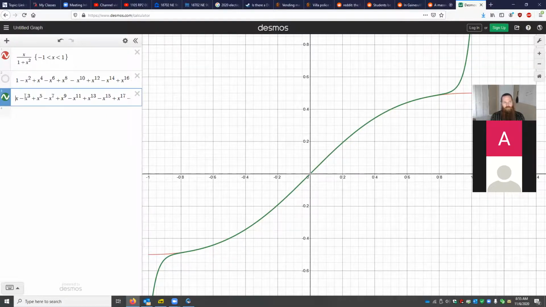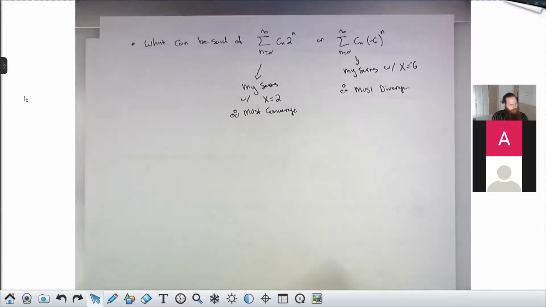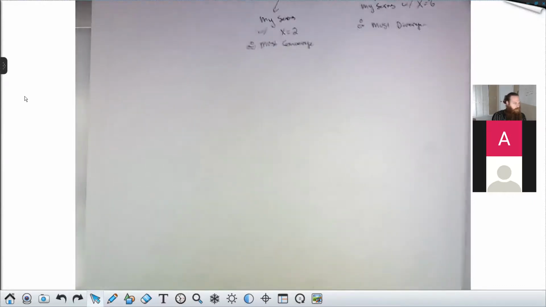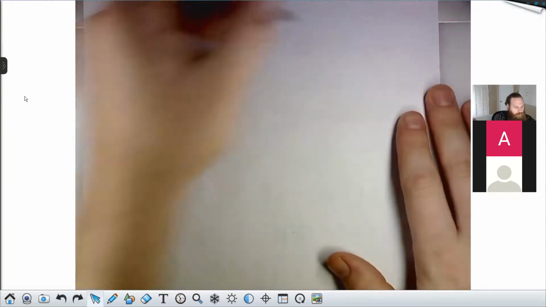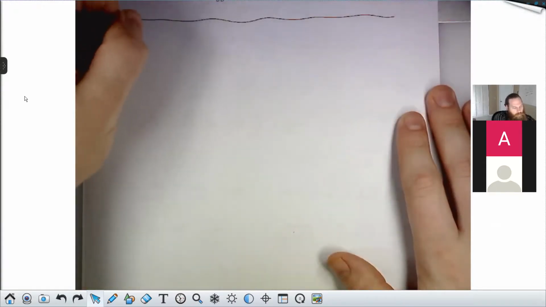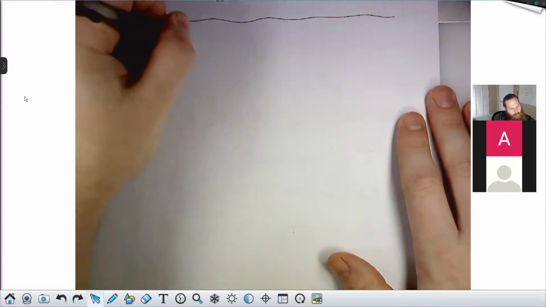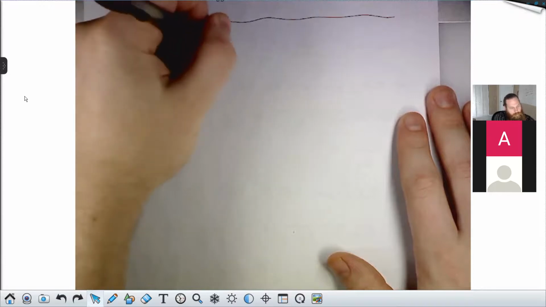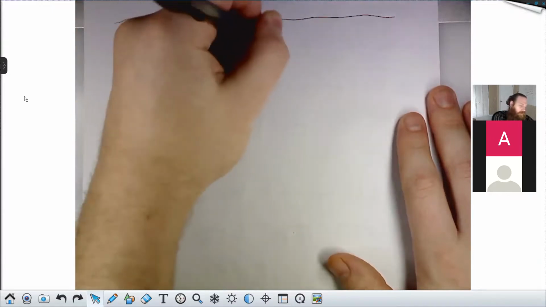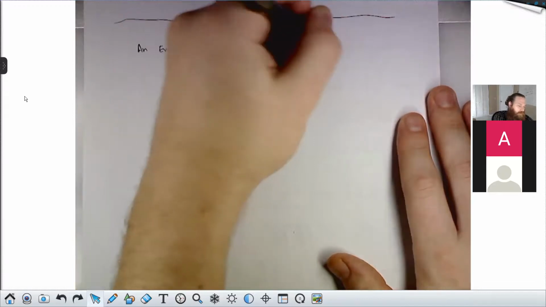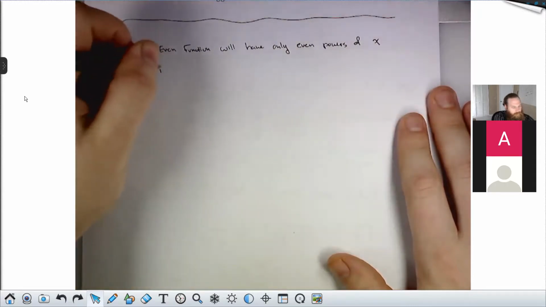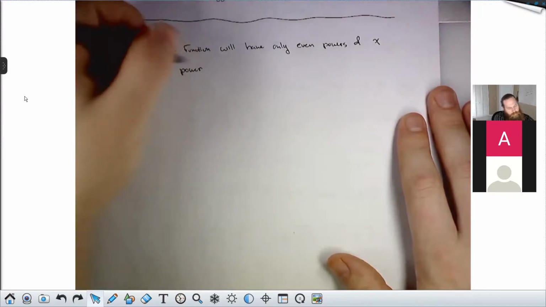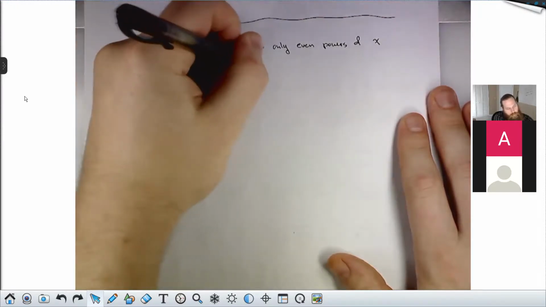So there's a neat take-home message here: an even function will have only even powers of x in its power series representation.